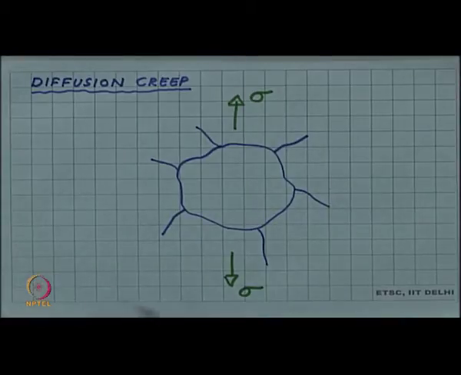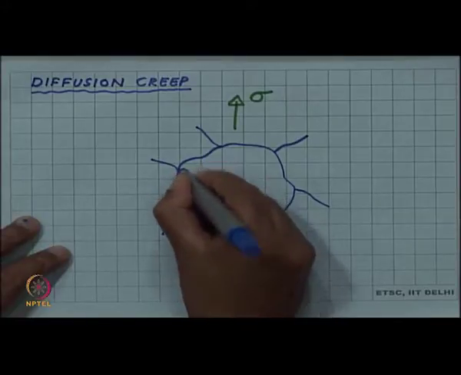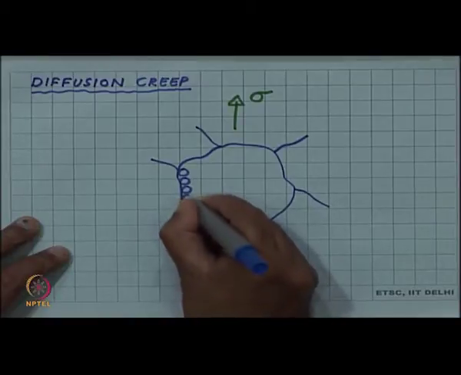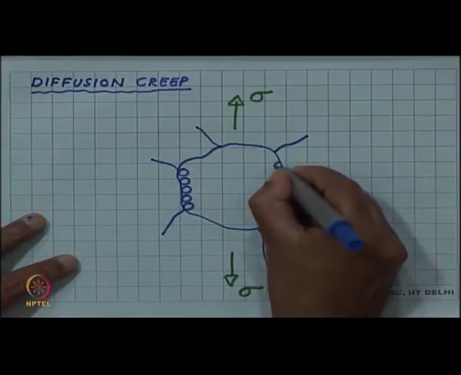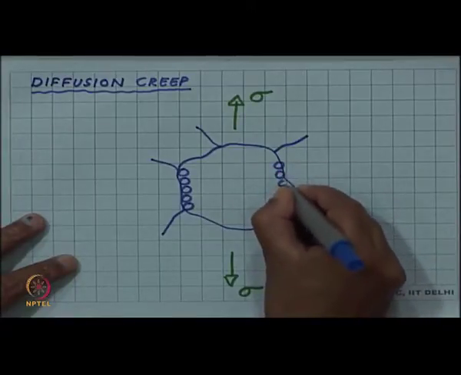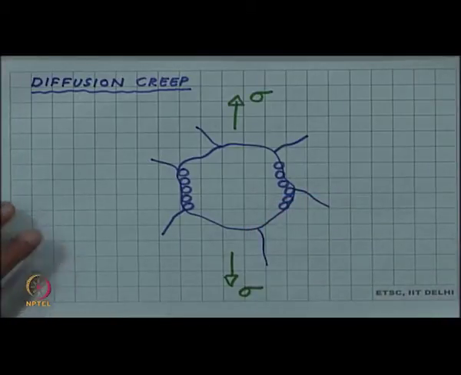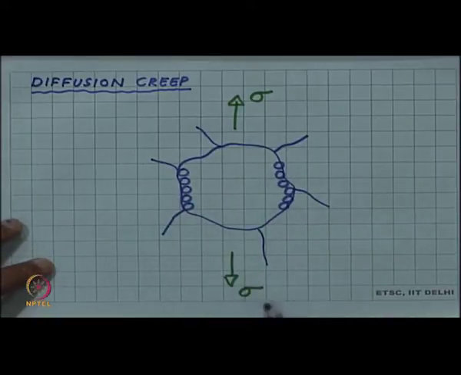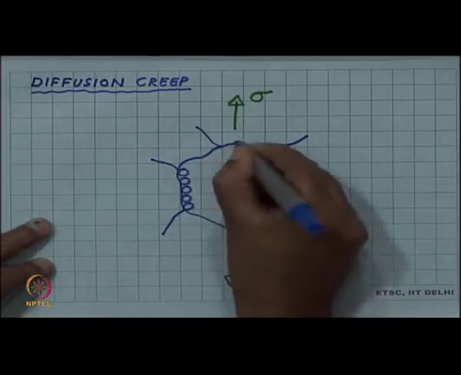This elongation and compression of course can be obtained by dislocation motion, as it happens at low temperature, but at higher temperature, since diffusivities are higher and atomic jumps are easier, one mechanism which is possible is that atoms which are on grain boundaries parallel to the stress axis can move to grain boundaries perpendicular to the stress axis.